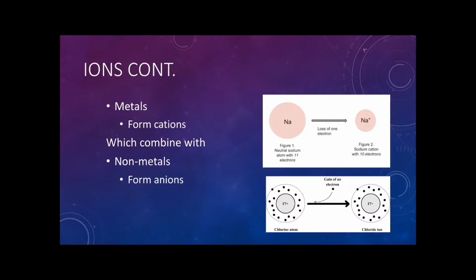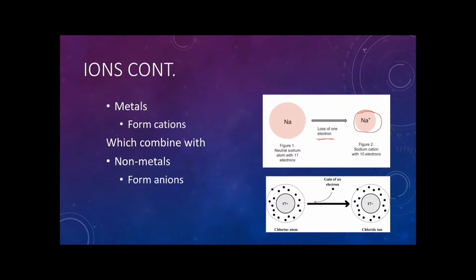So if you take a look at my pictures here, we have sodium. It loses 1 electron and becomes a +1. If you take a look at your periodic table, you'll notice sodium is in that first column. And that first column, typically all of your ions will be +1s.